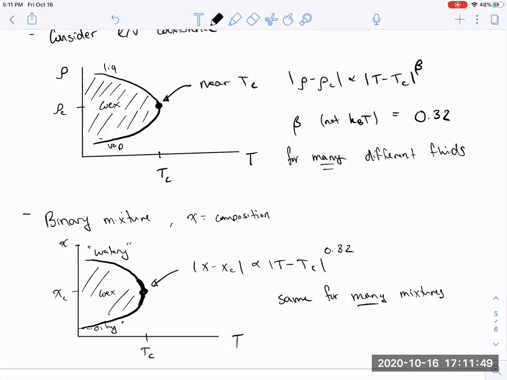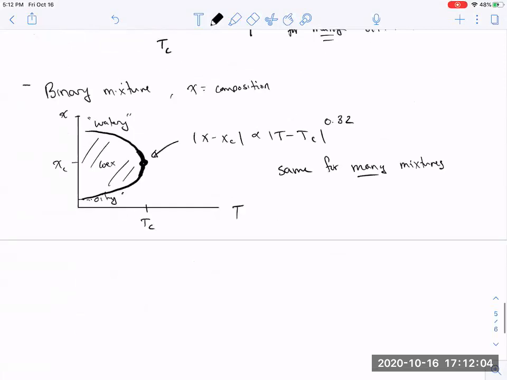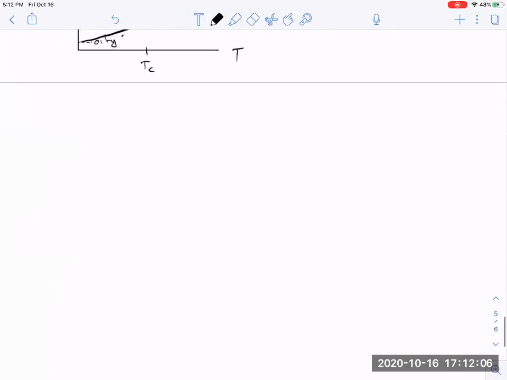If I dope in some amount of bromide at low temperature, the bromide will phase separate, forming little clusters. If I increase the temperature, it will undergo a miscibility transition where the bromides and iodides are equally distributed through the lattice. All right, but most shocking, I think, is if we were to consider a magnet.